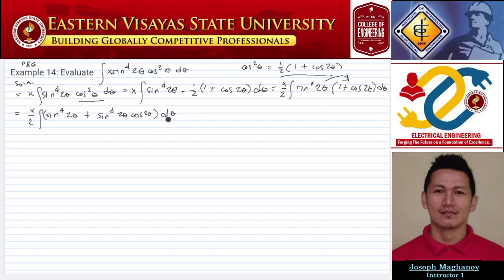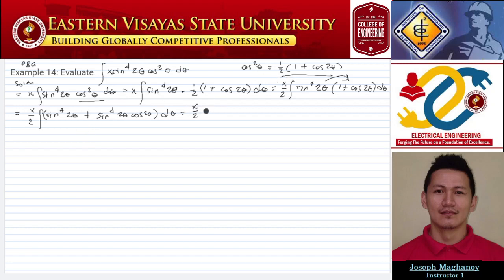Okay, so what is our next step? We apply our property number 1. Let our x over 2 and the integrand inside the quantity and our d theta. If we do that, the result is 2 terms.